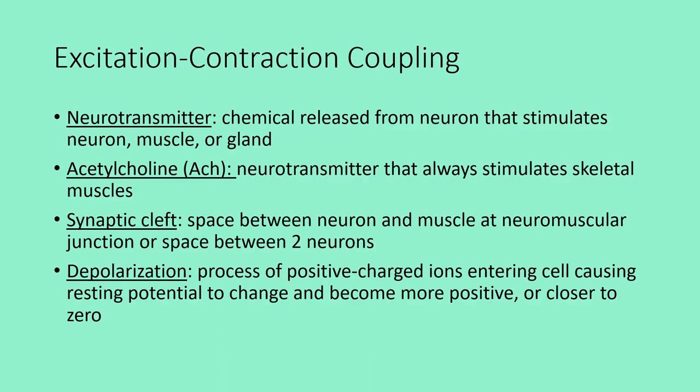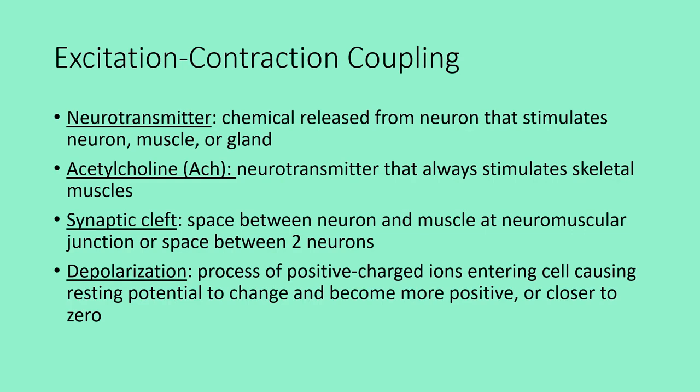Depolarization. This is a term that we use to describe the process where essentially positive charge ions are going to be entering the cell. And remember that resting potential, how you normally have a negative charge inside the cell. So we can actually measure what that charge is. And it's usually on a resting cell around minus 70 millivolts.